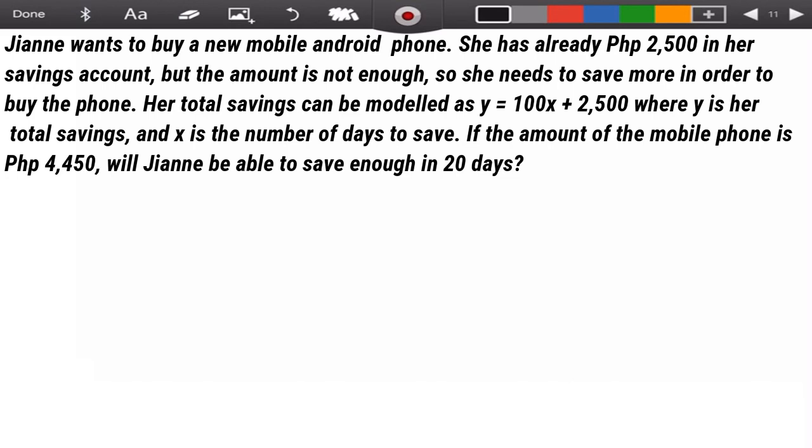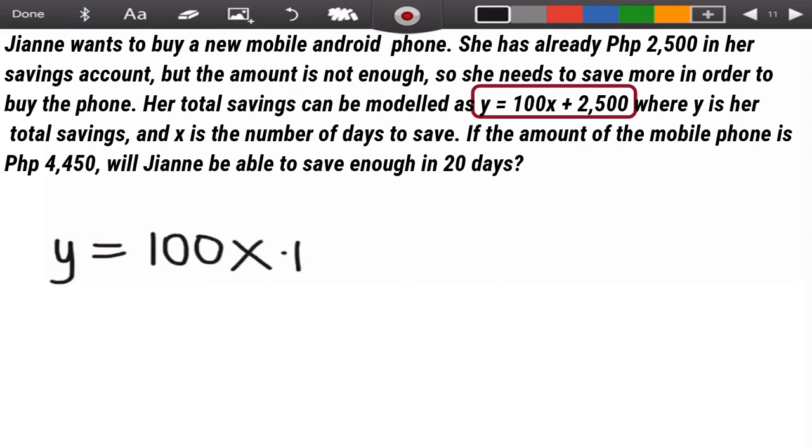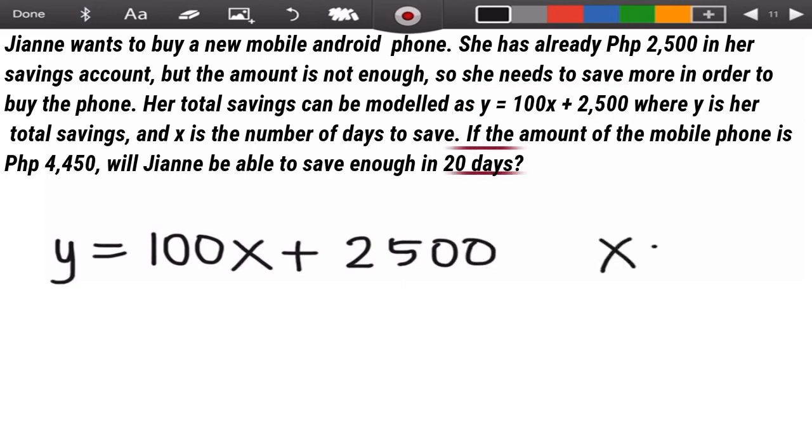The given linear equation is y equals 100x plus 2,500. So we need to find out if 20 days is enough for her to save. x equals 20, that is the number of days. So we will just substitute.